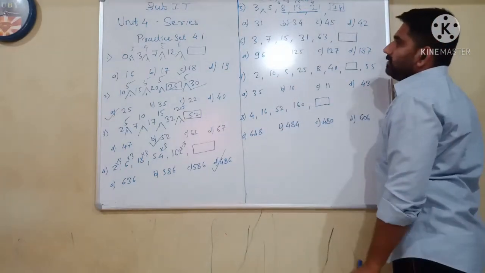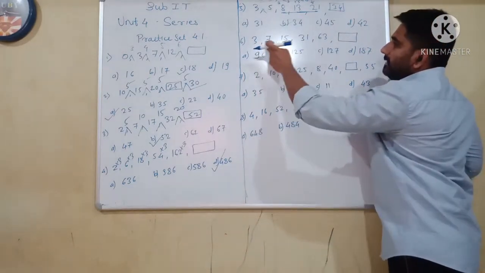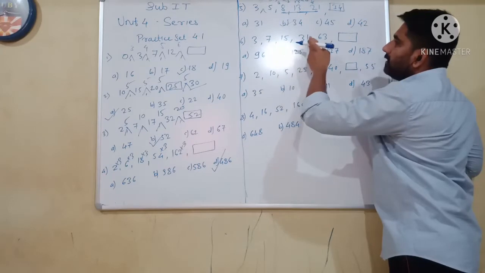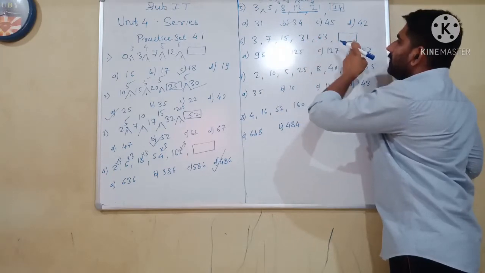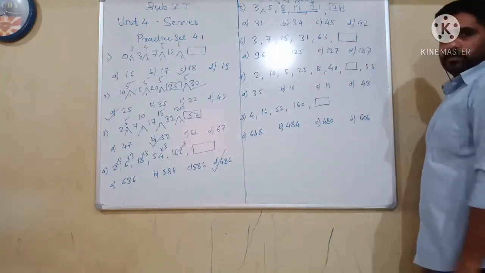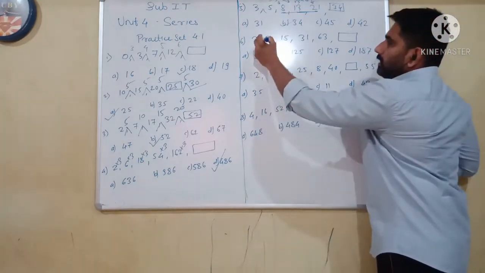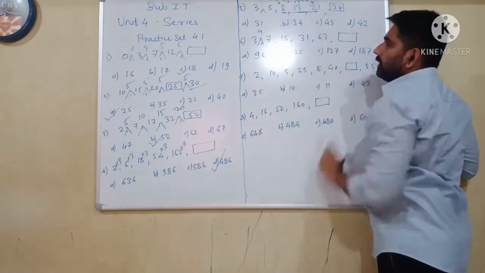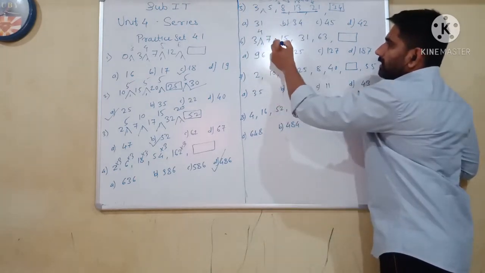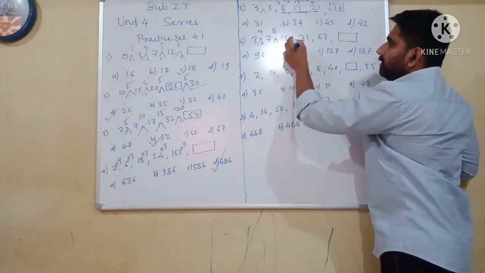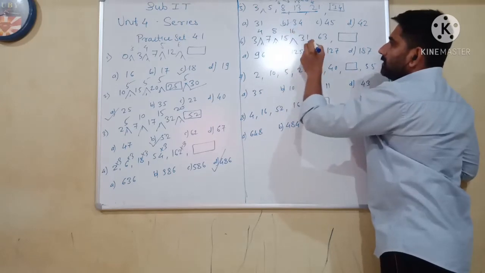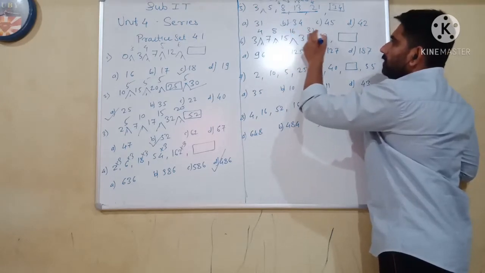We'll see next again: 3, 7, 15, 31, 63 and again a blank box. Try to check the gap here. Here we can check a gap of 4, a gap of 8, a gap of 16, a gap of 32.